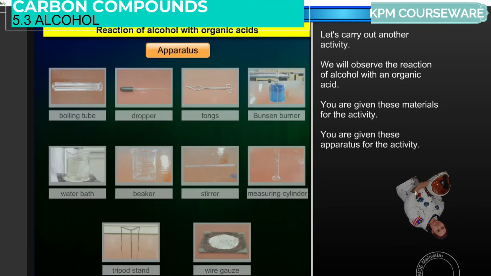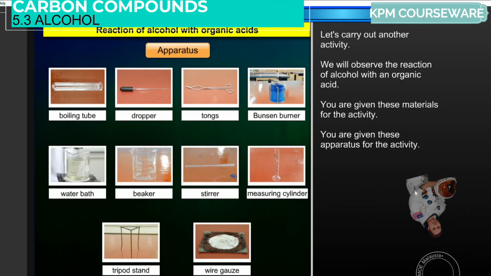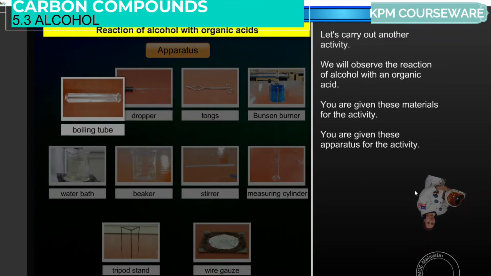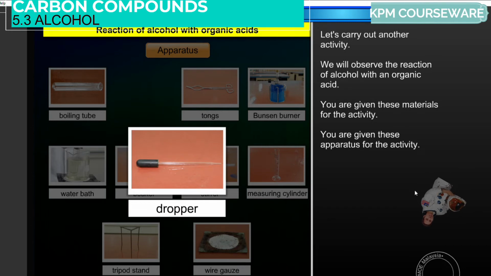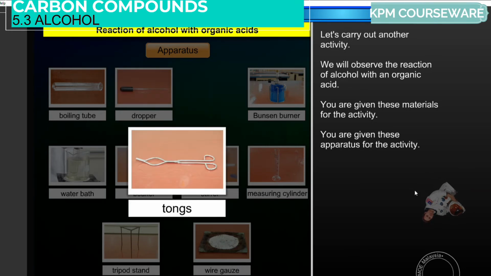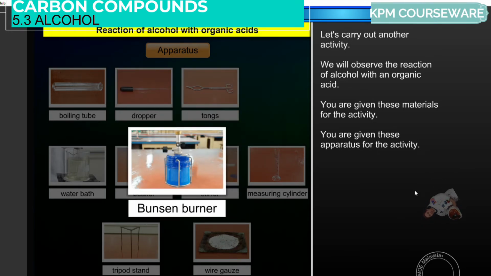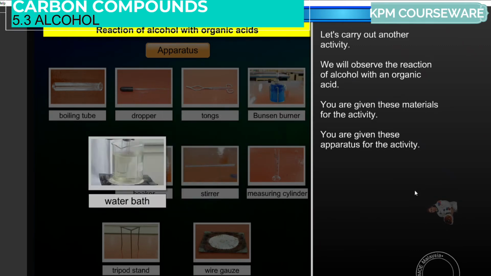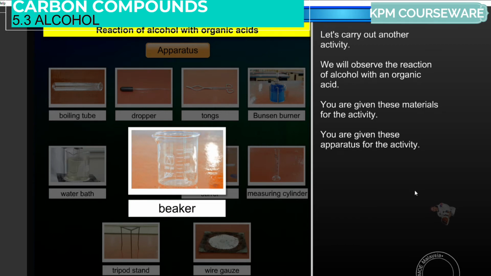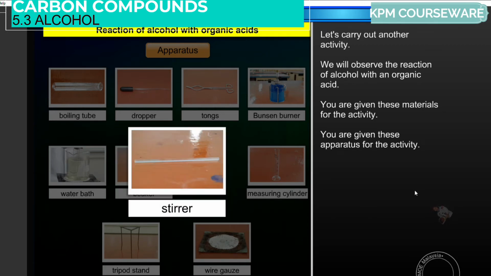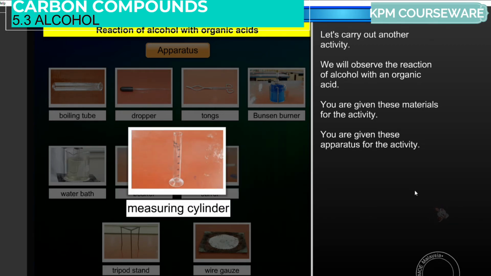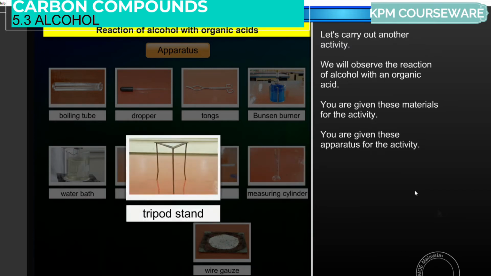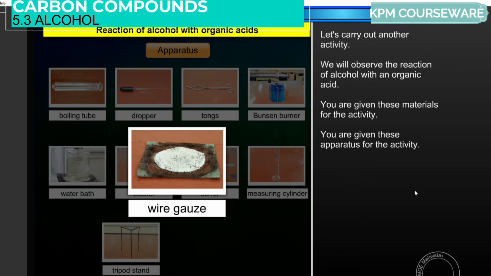You are given these apparatus for the activity: boiling tube, dropper, tongs, Bunsen burner, water bath, beaker, stirrer, measuring cylinder, tripod stand, wire gauze.